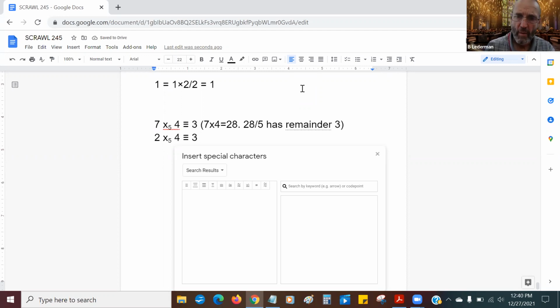Whereas here, 2 times 4 equals 8, and 8 divided by 5 has remainder 3.